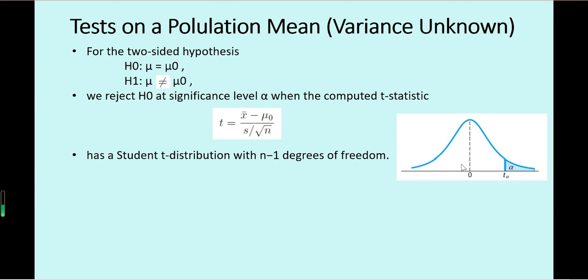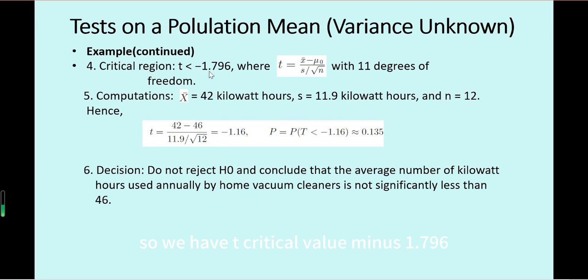It's symmetric. But here we only test the minus side because we want to test if the hypothesis is less than 46, right? So we have t critical value minus 1.796. Then we calculate the t-test statistic using the sample information, the sample average, then minus mu 0, here is 46, because this is what we want to test.